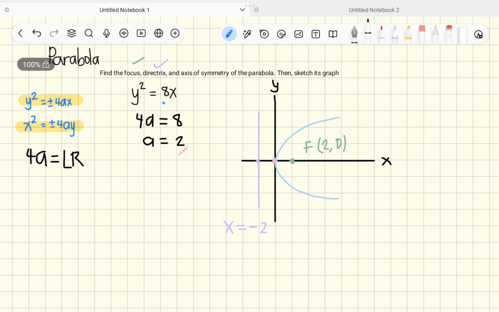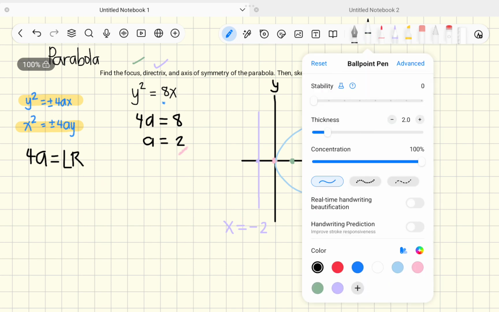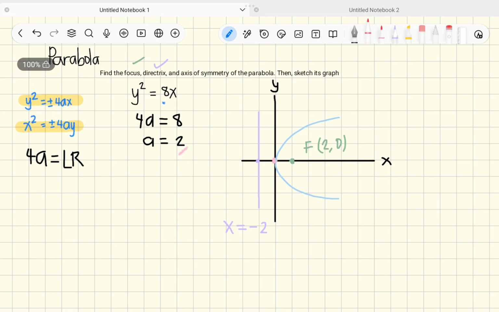But since your parabola is facing the right side, the axis that will serve as a mirror will be your x-axis. So how do we define the x-axis as an equation? The axis of symmetry will be y equals 0.